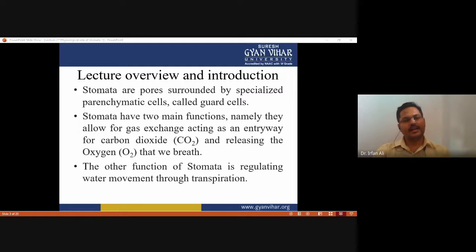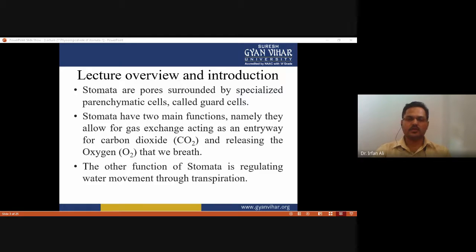The other function of stomata is to regulate water movement or the ascent of sap. So how does this process help in the ascent of sap? The answer is transpiration. Transpiration takes place through the stomata when they open for gas exchange, and at the same time water molecules go out.